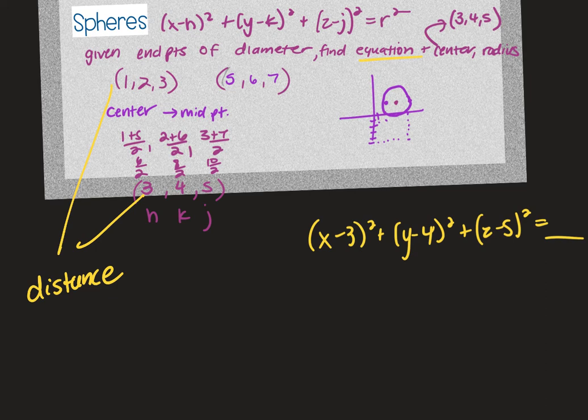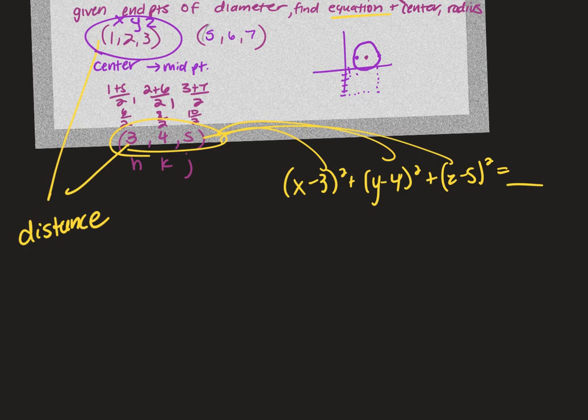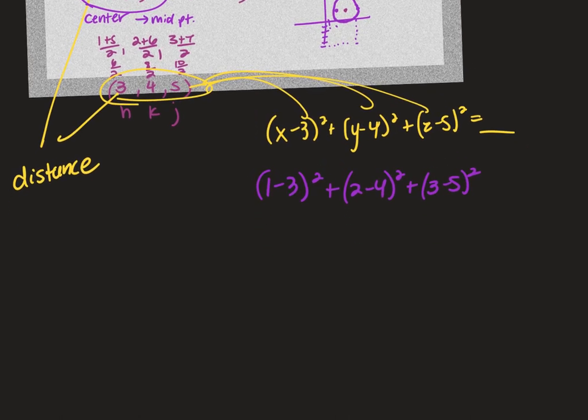Or I can use the h, the k, the j, and then pick either other point to plug in as the x, y, z. If I did that, I'd get (1 minus 3) squared plus (2 minus 4) squared plus (3 minus 5) squared equals r squared.